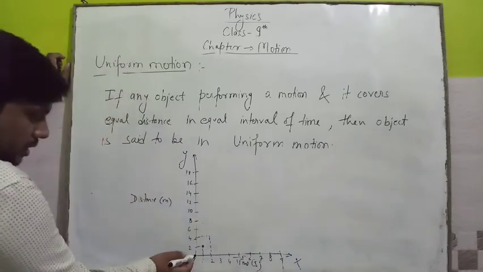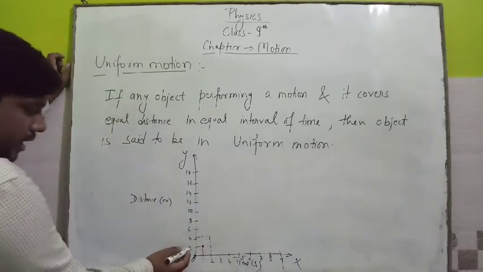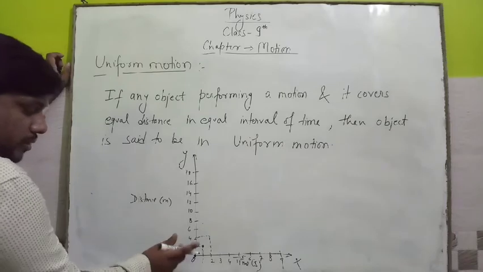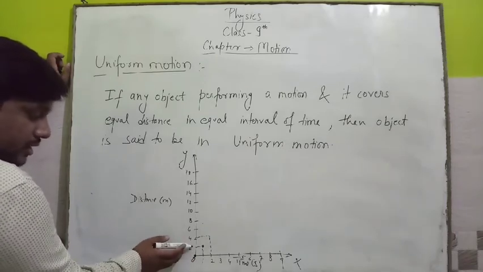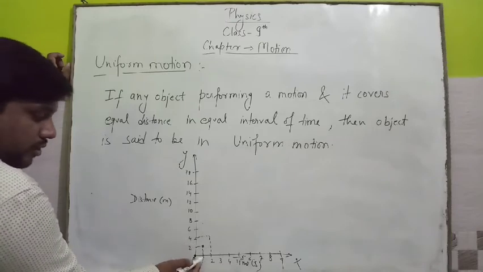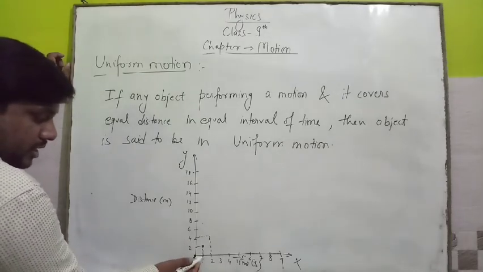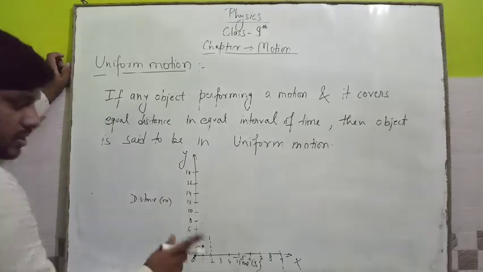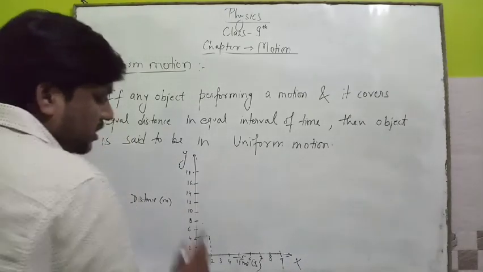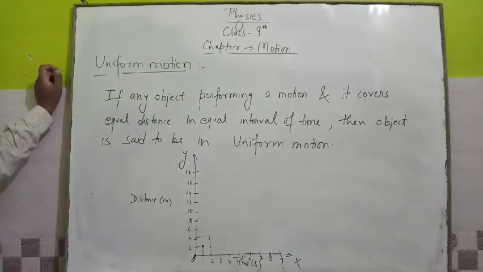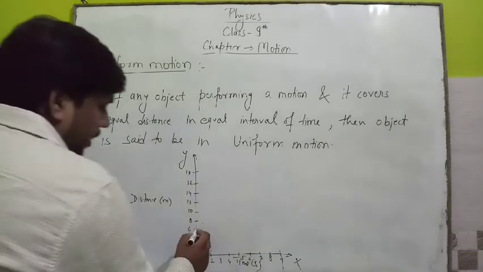See, from here to here is 2 meters and again from here to here is 2 meters, so this 2 meters is covered in 1 second and this 2 meters is also covered in 1 second. See here, 2 minus 1 is equal to 1 second, so in every 1 second the distance covered is the same.